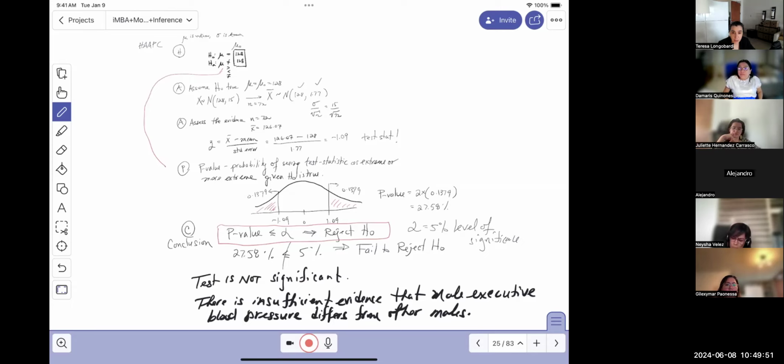So this is a moment I want to say that usually this is a standard, right? Tests will be done with 5% level of significance, and they're going to be two-sided.